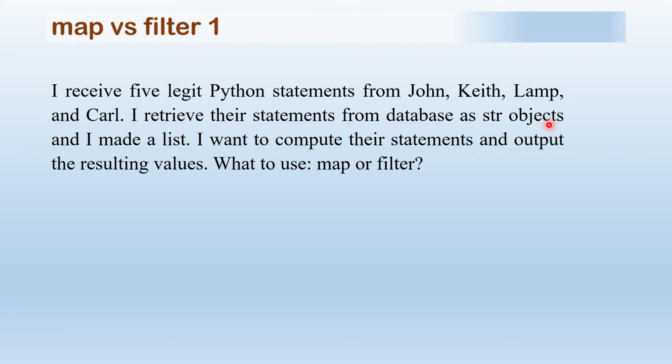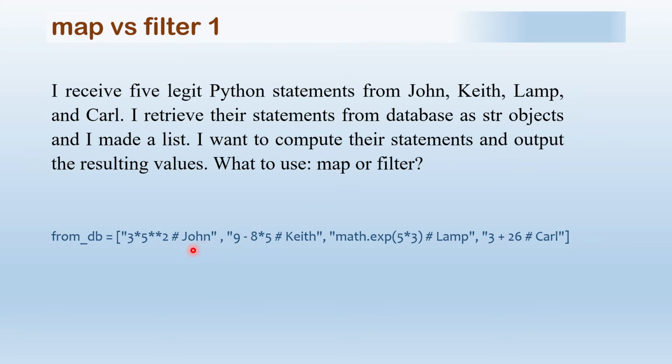So I want to compute these statements. Since these are legitimate Python statements, which one should I use? Map or filter? You're only given these 2 choices. Of course, I can use many other ways to do it, but let's say I only ask you to make this selection, map or filter. Obviously, it is map, because you're going to compute on the elements of the list.